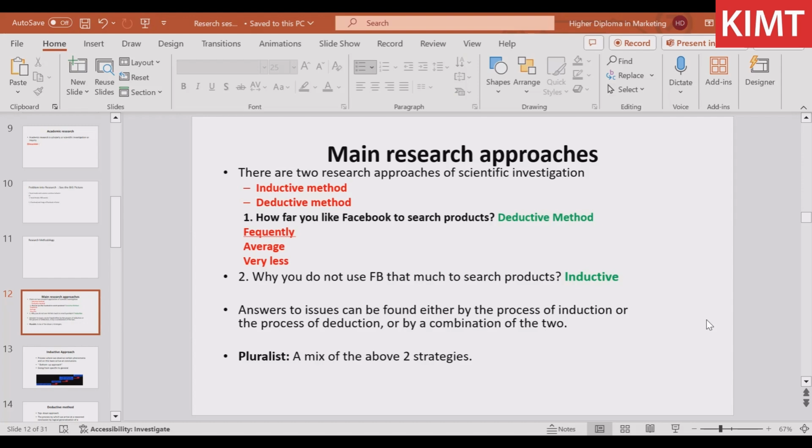Now you can understand research. You gave the right answer.